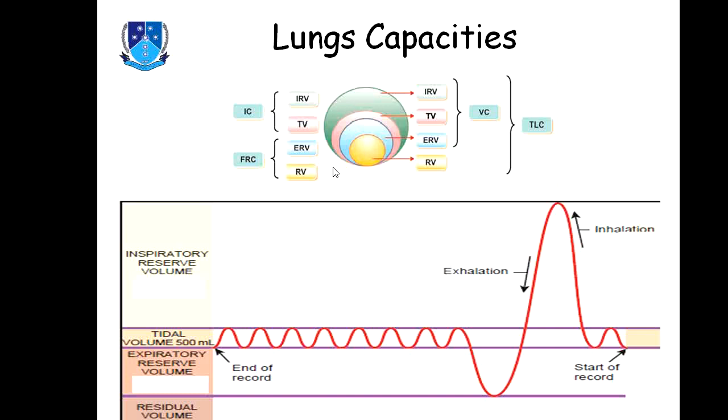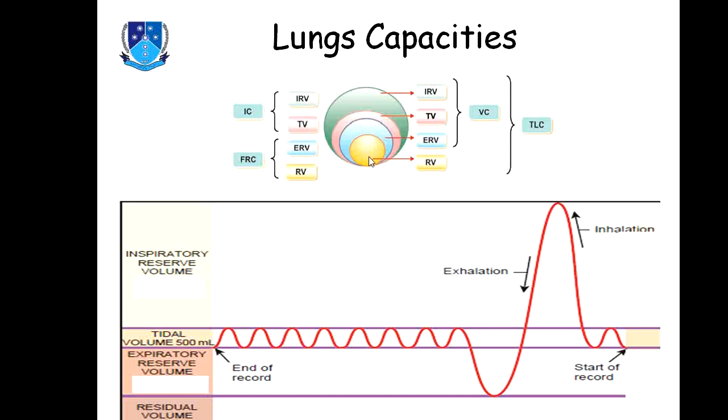Normally, when an individual is at rest, at that moment the individual does not expire this volume. It's a normal condition, we do not expire this volume. Now when we forcefully expire the air, we reach this point, we expire this also. But normally we do not expire these two volumes.